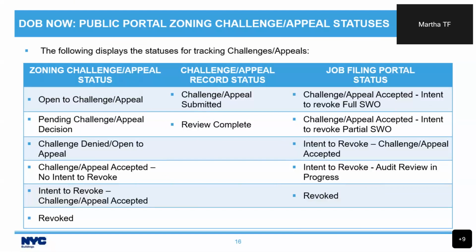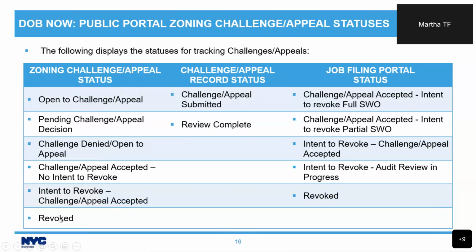Now, you will see statuses within the public portal for zoning challenges and appeals, and there are 3 different types of statuses. The overall zoning challenge or appeal status includes things like whether a job filing is open to challenge or appeal, whether there's a pending decision, challenge denied, open to appeal, whether it was accepted, and whether or not there's an intent to revoke.